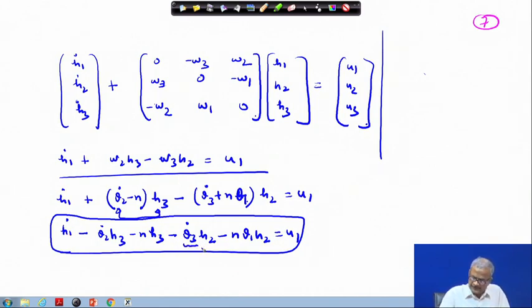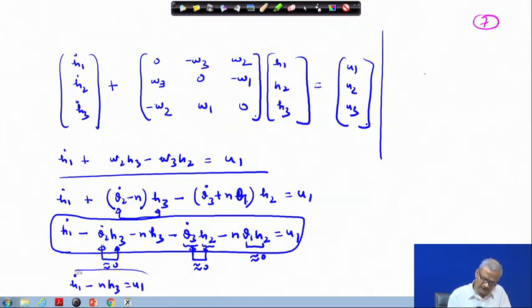So, this quantity and this quantity are small. Similarly, here theta 2 dot S 3, these two quantities are small, so they will be almost negligible. Here also this quantity will be almost negligible. So, this part will get 0 and we get H 1 dot minus n times S 3 equal to U 1.